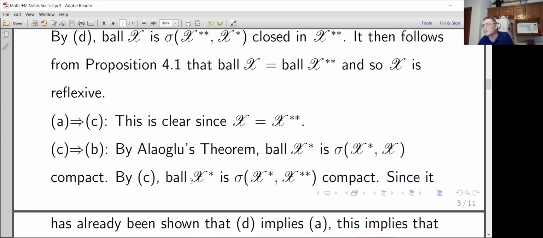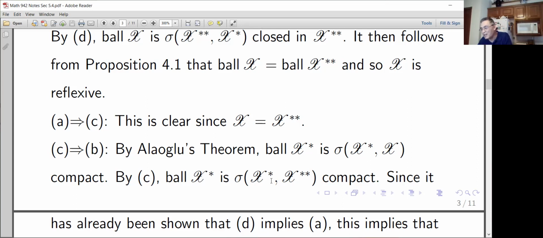So we can see that by Lagrange's theorem, ball X star is compact in this topology. But by C, this topology is the same as this topology. So ball X star is compact in this topology.